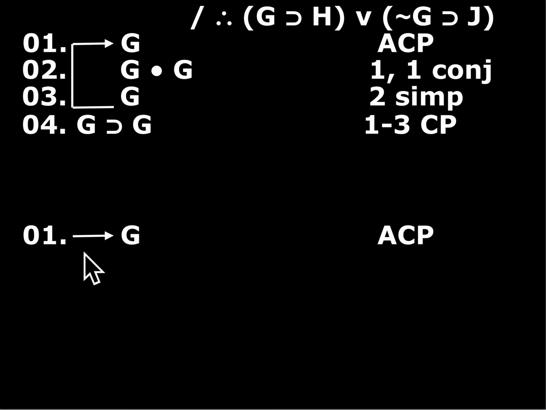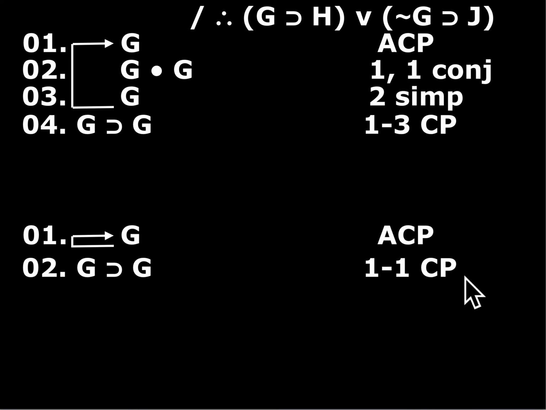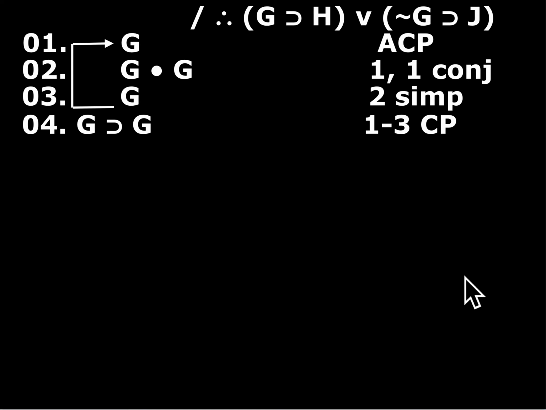My goal is just to end my subproof whenever I get to the consequent I want, which is G. Oh, I've got that here, so I'll just close the subproof now, close it on the same line I opened it, and then get if G then G, and that's by lines 1 through 1 conditional proof. That'd be a little more elegant, but this is fine. No mistakes were made. I've got if G then G.